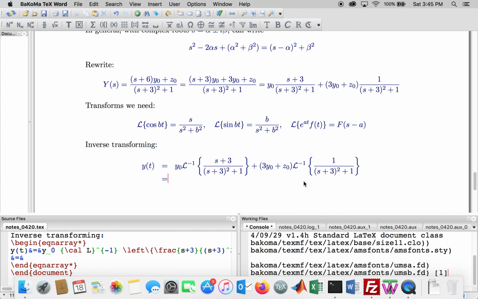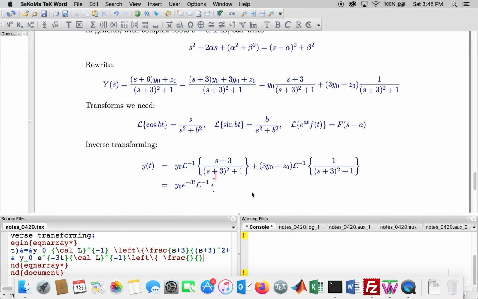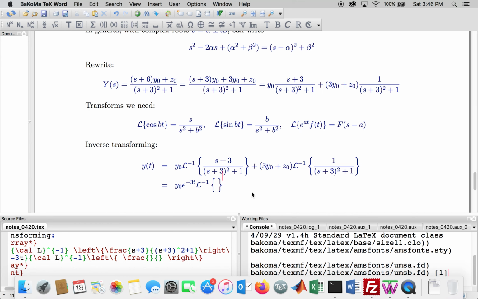The shift in both cases is going to be a equal to minus 3, leading to s minus a is s plus 3. So I can have y naught e to the minus 3t times the inverse transform of s over s squared plus 1.